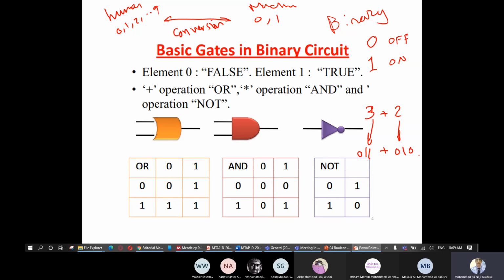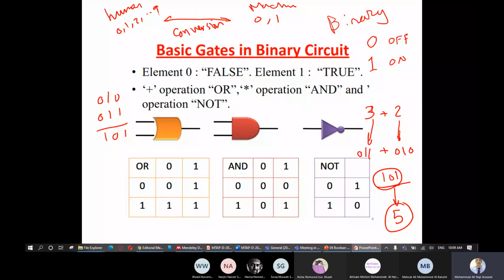Perform the operation: 0, 1, 0 plus 0, 1, 1 gives 1, 0, 1. The human cannot understand this, so I have to convert it back to decimal, which is 5.